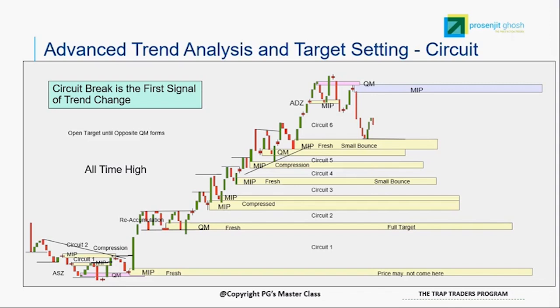Thereafter the fresh MIP gave a demand MIP, gave a small bounce, then price starts moving sideways, right?